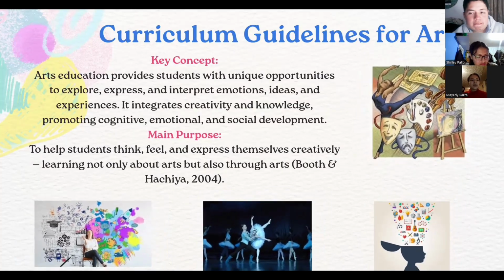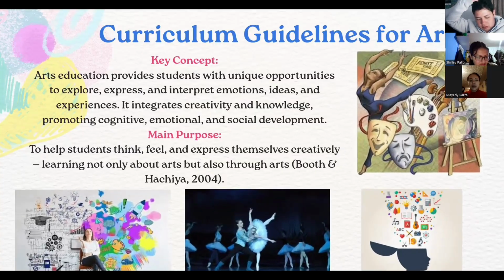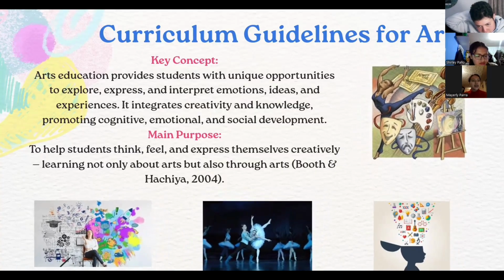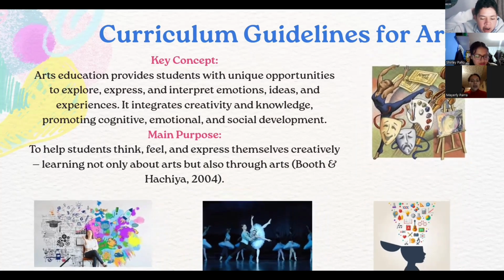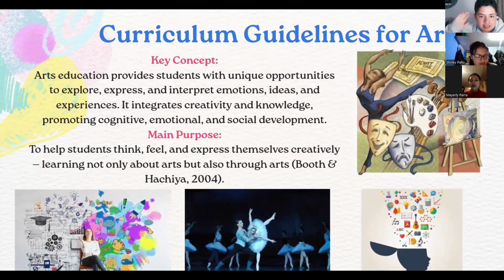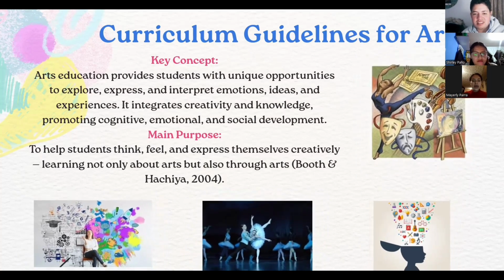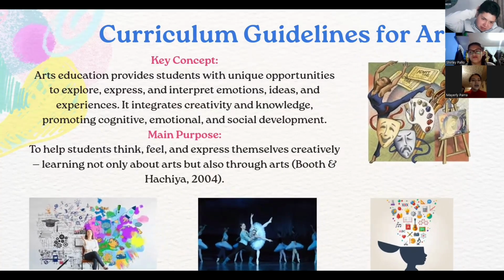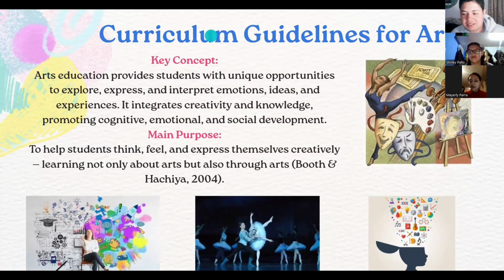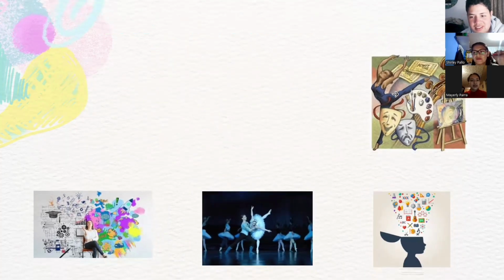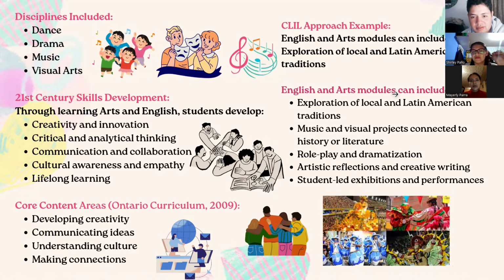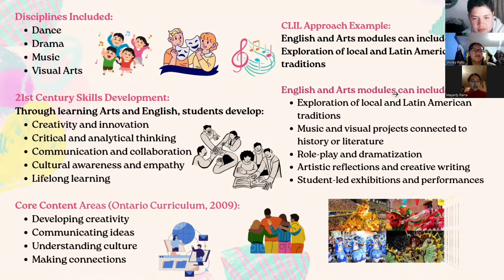Some disciplines that we can include in this curriculum are dance, drama, music, and visual arts. In the part of dance, we use elements such as body, space, time, energy, and relationship. In the part of drama, we use role, characters, relationships, and time and place.